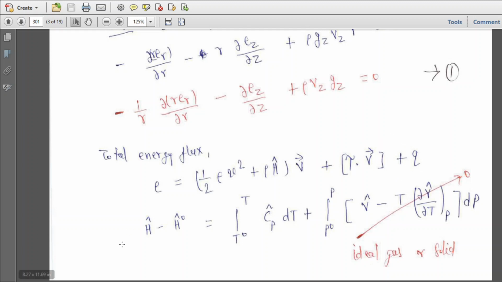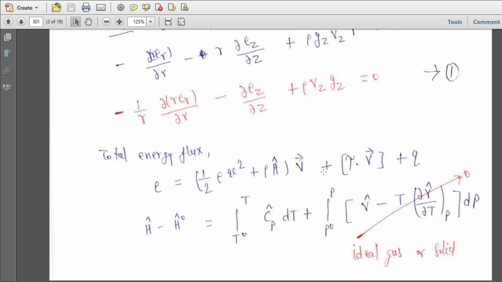The enthalpy expression is H cap minus H cap naught equals the integral from T naught to T of Cp cap dT, plus the integral from P naught to P of V cap minus T del V cap over del T at constant pressure, dP.